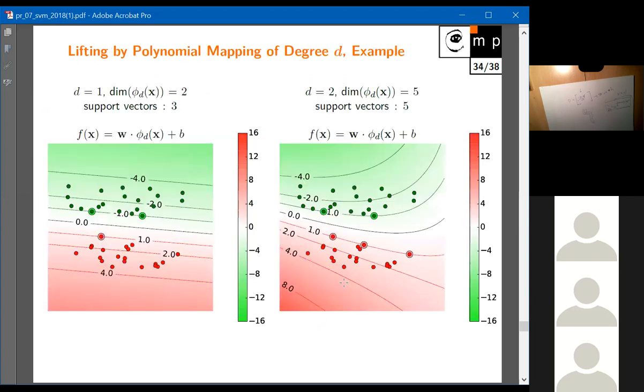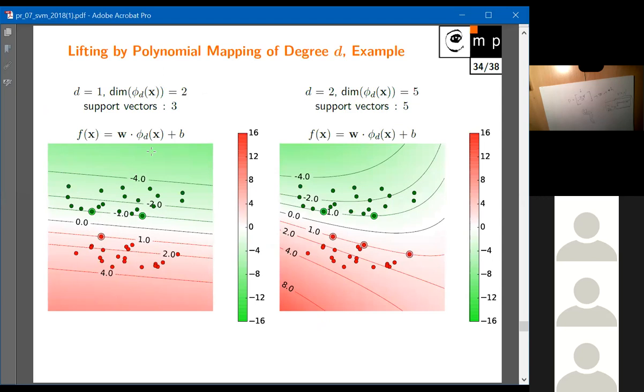So one example, here we have data which are actually separable, and we go for a linear classifier. We have 3 support vectors.